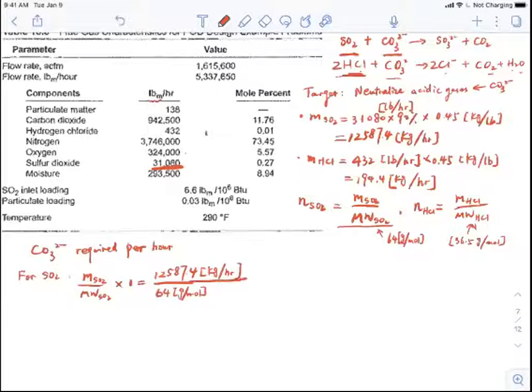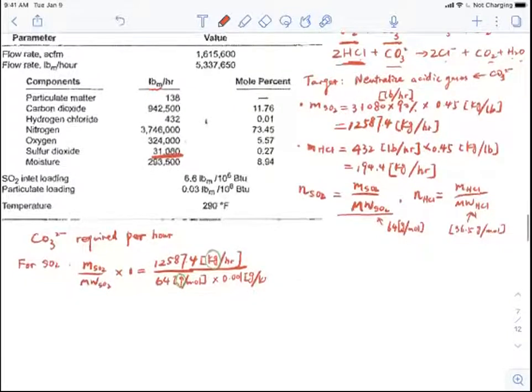One thing I want to point out is that in this calculation, we were using kilograms in the numerator and grams in the denominator. So we also need to multiply this by 0.001 kilogram per gram. 0.001 kilogram is 1 gram.